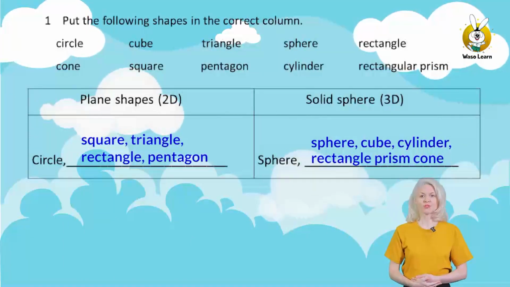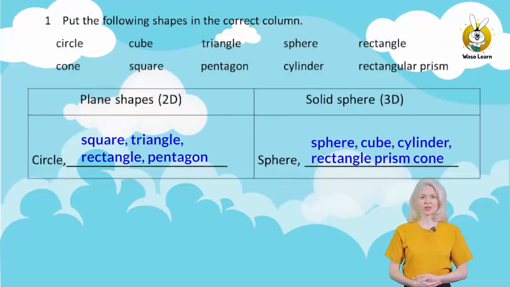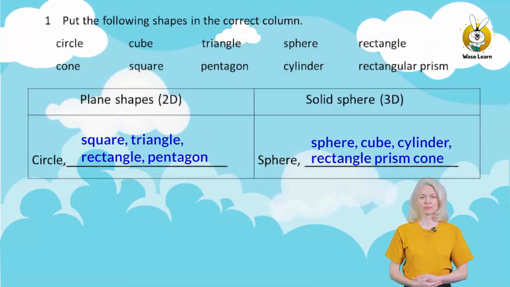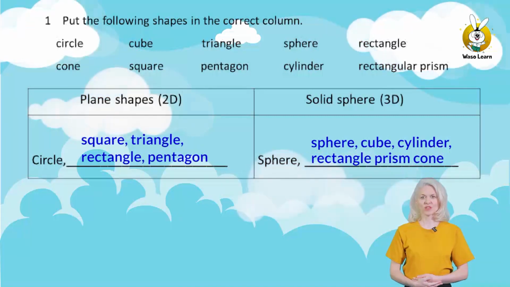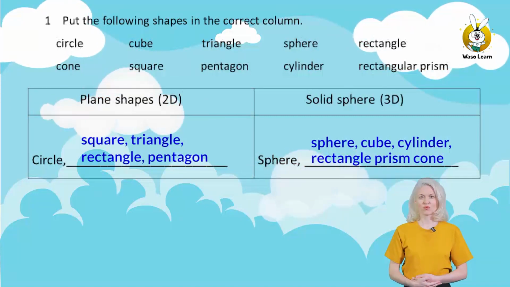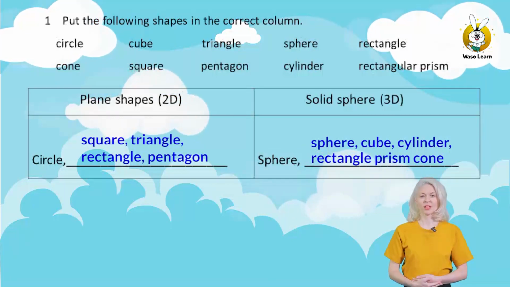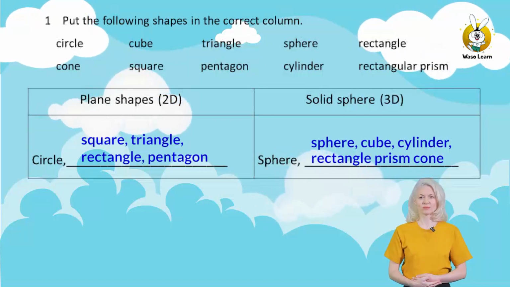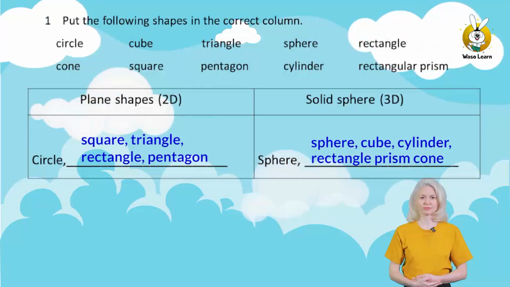1. Put the following shapes in the correct column. Circle, cube, triangle, sphere, rectangle, cone, square, pentagon, cylinder, rectangular prism.